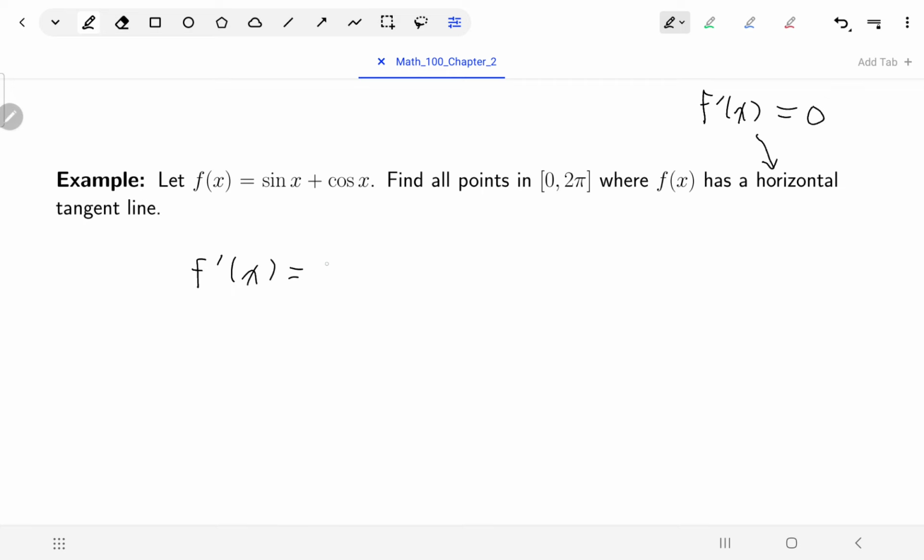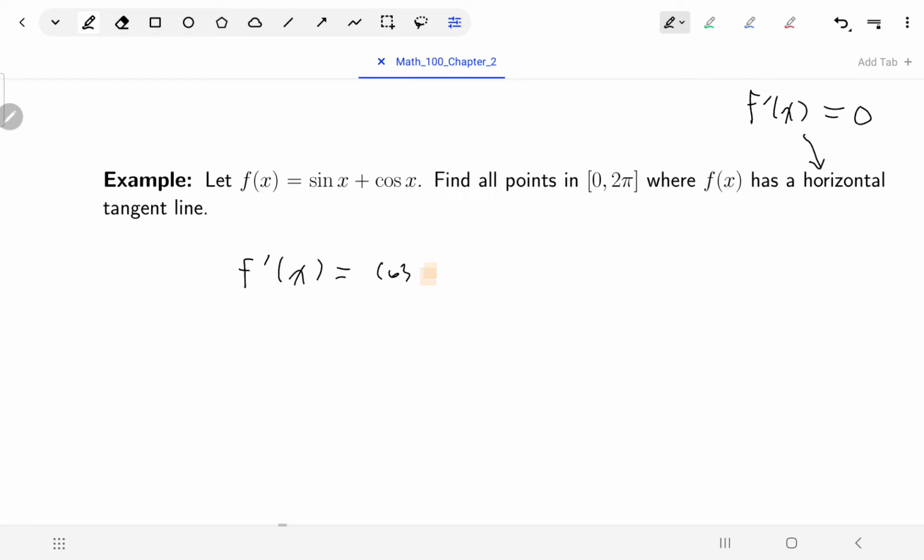The derivative of sine is cosine, and the derivative of cosine is negative sine. And we want to let the derivative be 0 and then solve for x.